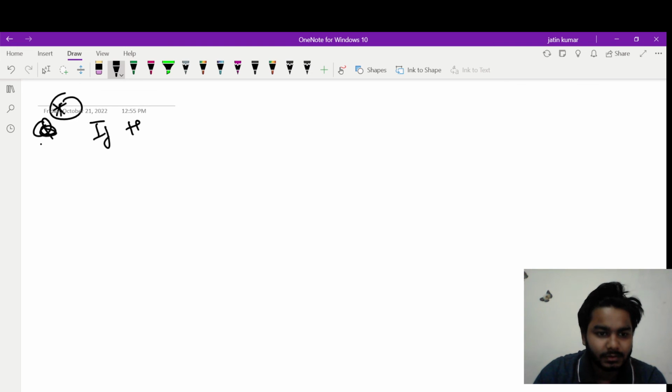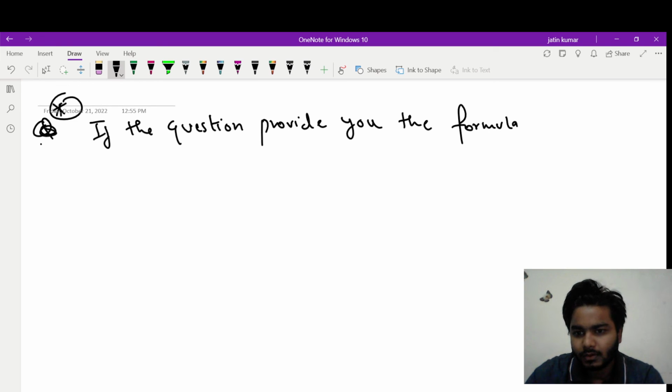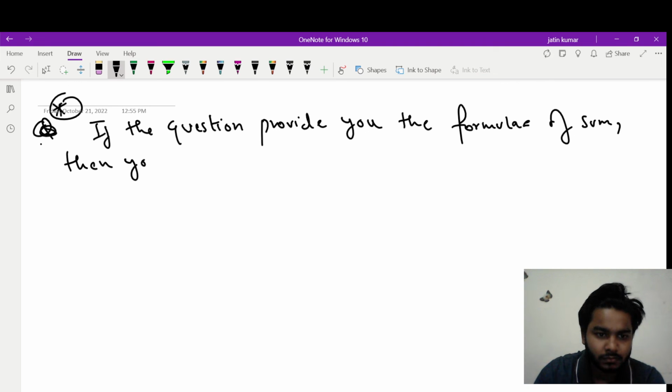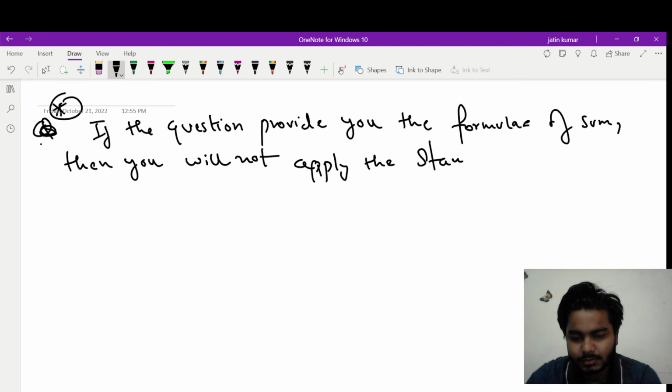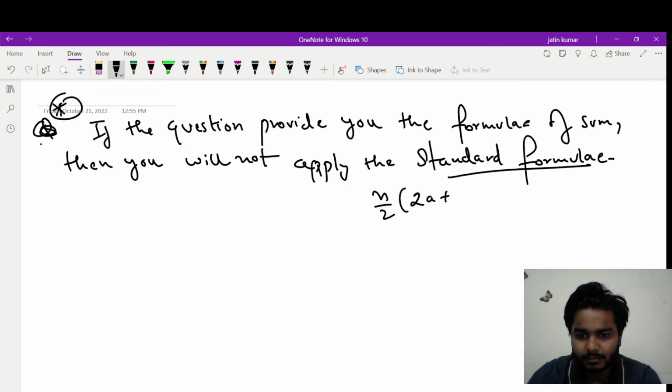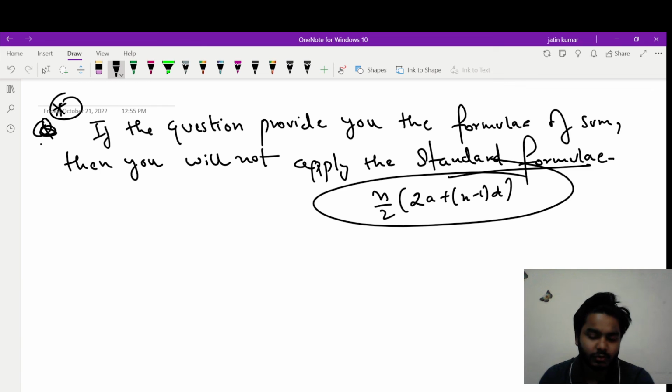If the question provides you the formula of sum, then you will not apply the standard formula. Standard formula means n by 2 into 2a plus n minus 1 into d. This you will not apply if in case the question gives you the sum ka formula.